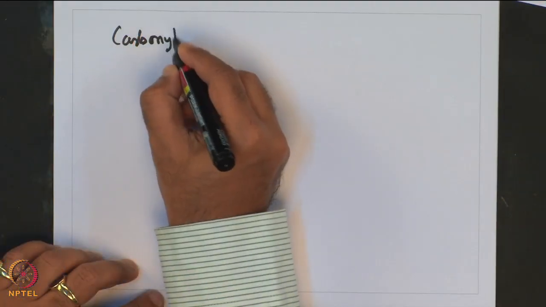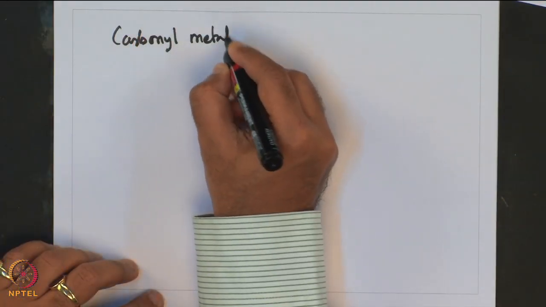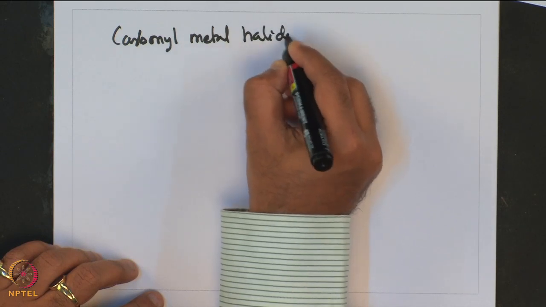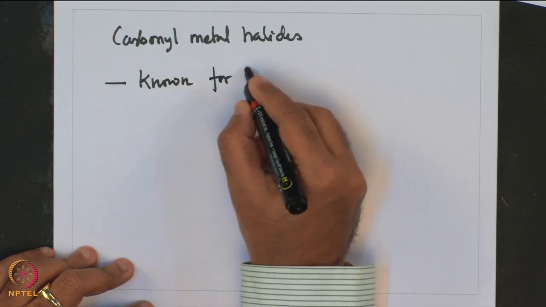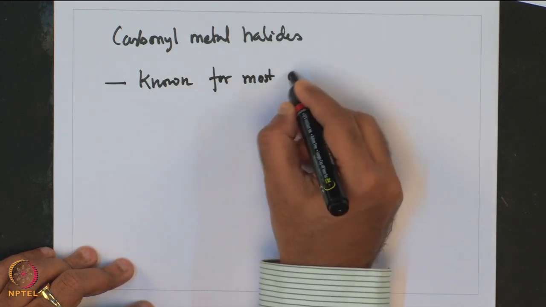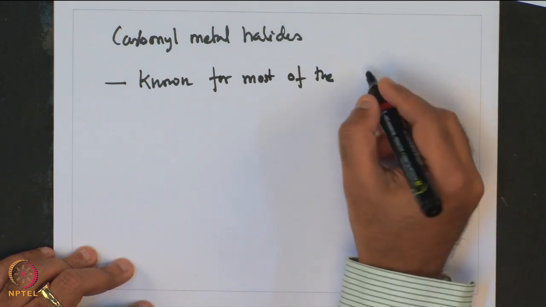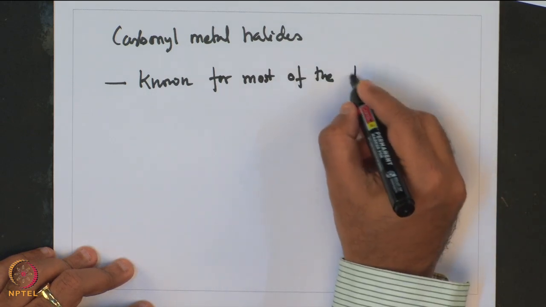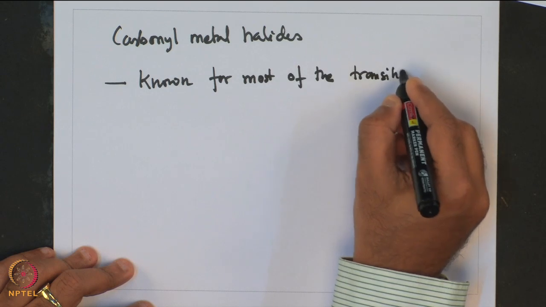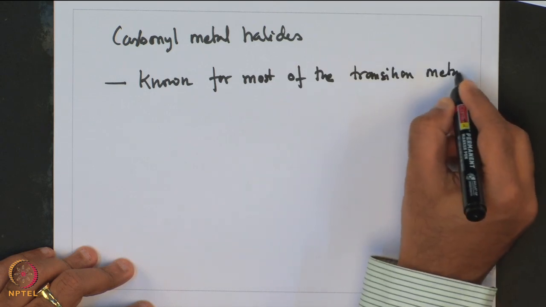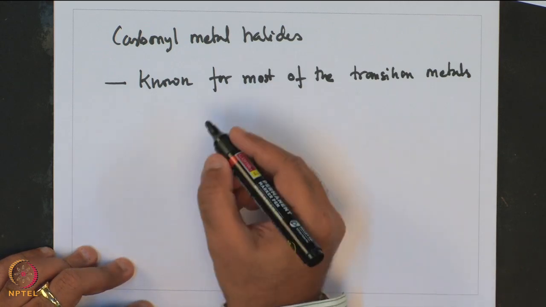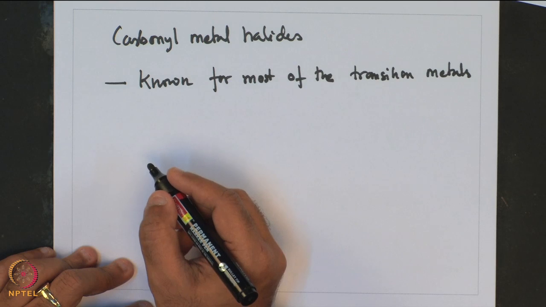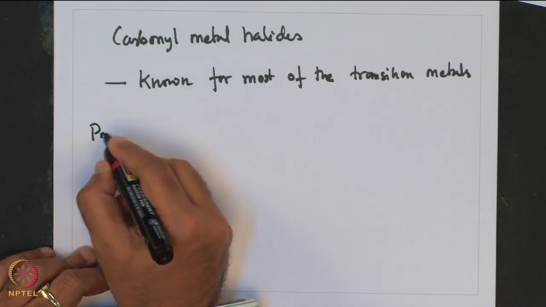These are carbonyl metal halides, and are known for most of the transition metals. These transition metal carbonyl halides are prepared directly from metal carbonyls and halogen.